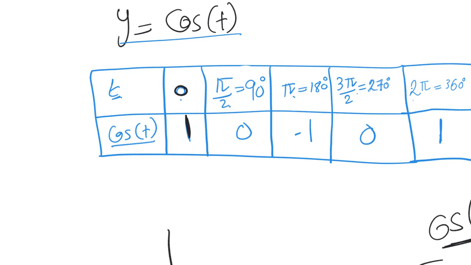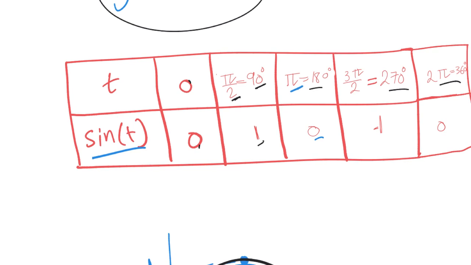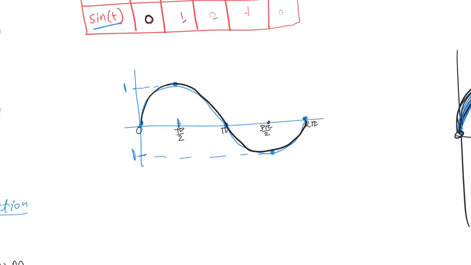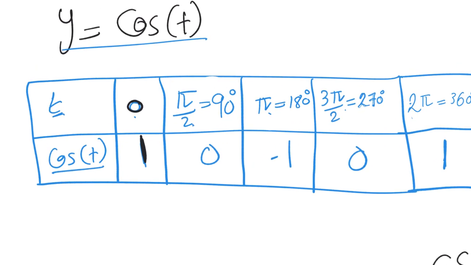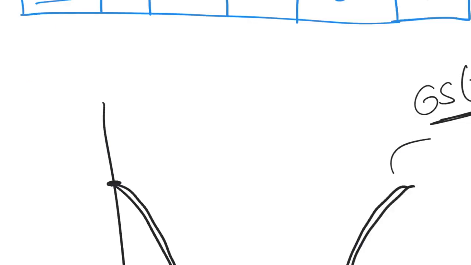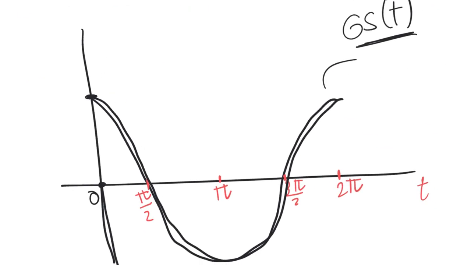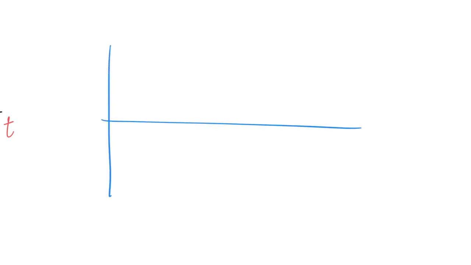But the sine function, when the time is 0, the sine of 0 is 0, not 1. So this is the difference. The sine function starts from 0, but the cosine function starts from 1 at t equal to 0.